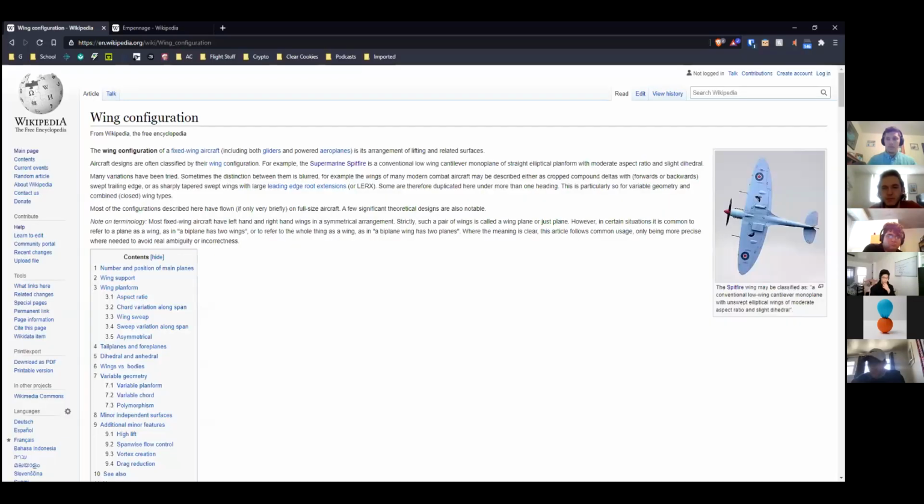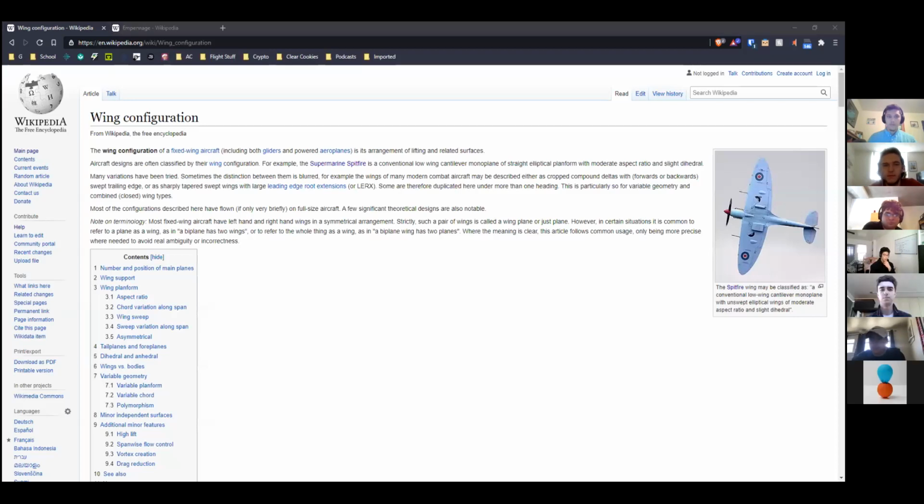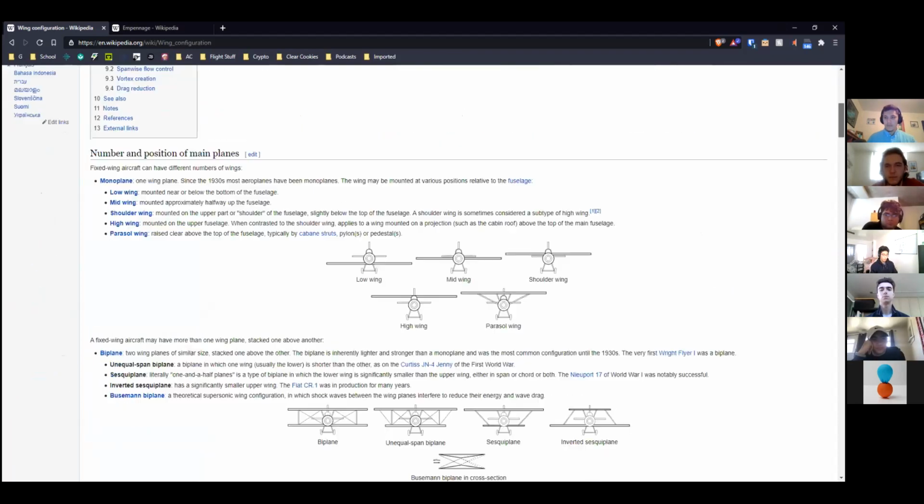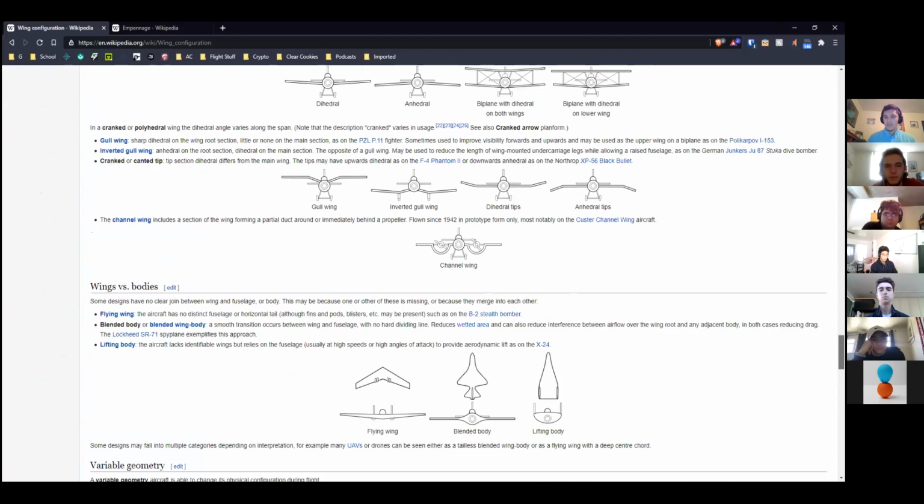Welcome to the wonderful Wikipedia page about how to stick your wing on your plane. So you could have the perfect performance target from all of Laird's stuff, but you could absolutely screw it up if you pick a wing layout and general configuration for your aircraft that is not conducive to your goals, and everything will be way harder.